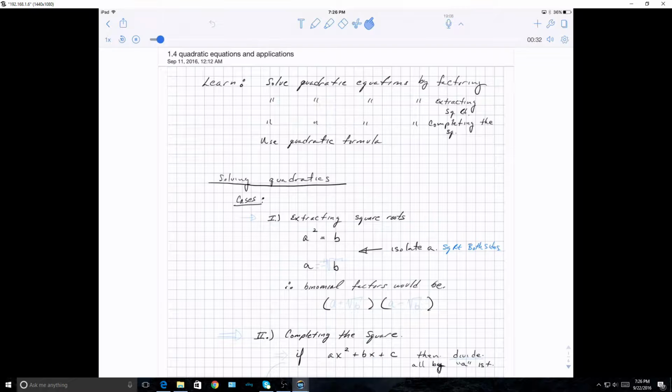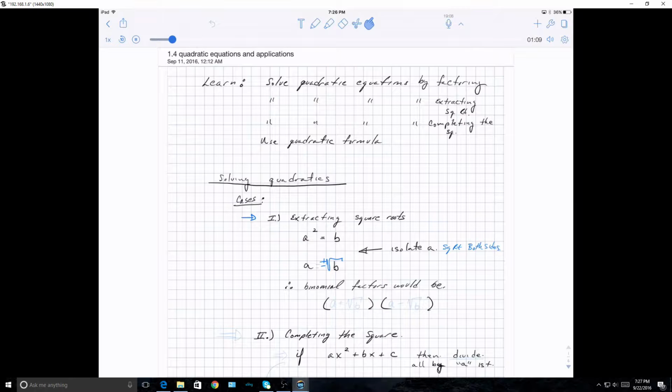So, we've already talked about factoring in a lot of cases, so I'm not going to go into that too much right now. However, extracting the square roots, if I look at case number 1 right here, it looks like all we have to do is isolate a, in which case take the square root of both sides, which means we will always have a solution: if there's a square equaling some constant, then we can have it equaling positive or negative the square root, and that's because it's the second degree.